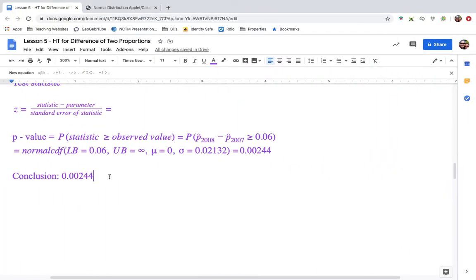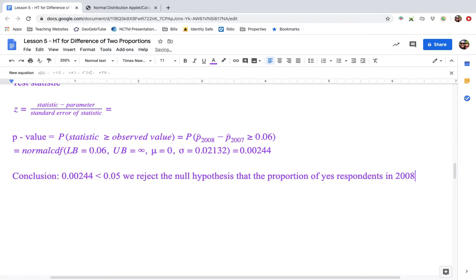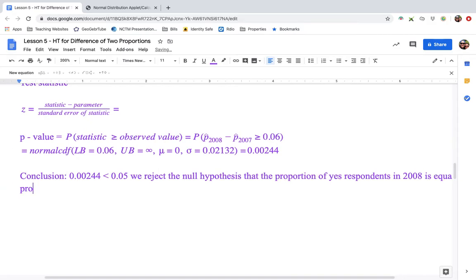Our conclusion is, since our p-value is less than our significance level, which is our threshold probability, so less than 5% chance, we reject the null hypothesis that the proportion of yes respondents in 2008 is equal to the proportion of yes respondents in 2007.